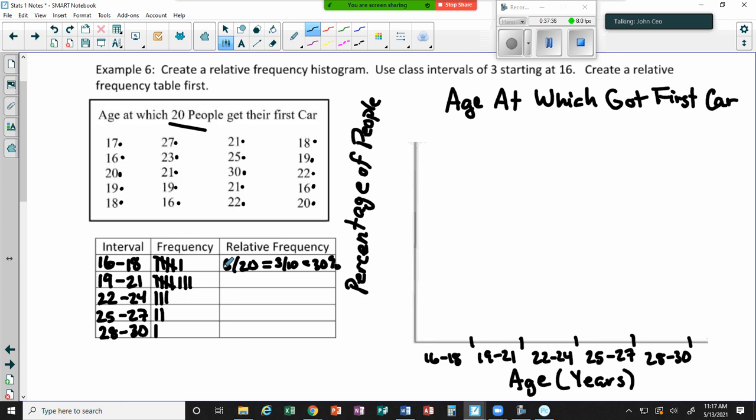The next one's going to be what? 8/20. So that's how many tenths? 4/10, which is what? 40%.